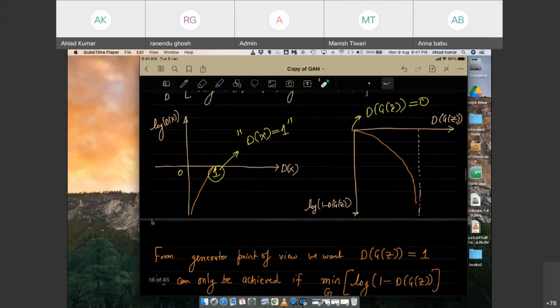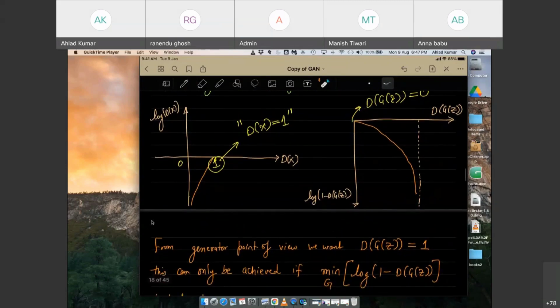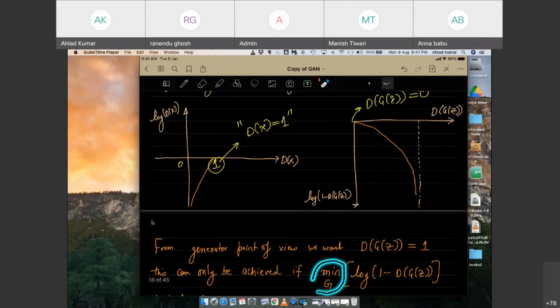You can see that if you minimize G, you are somewhere here at this point. We are not hitting the situation where things are infinite; we are getting close to it, but not to the infinite sense. Somewhere or other, you are here so that you are not exactly at one, because otherwise there will be problems because of the log.